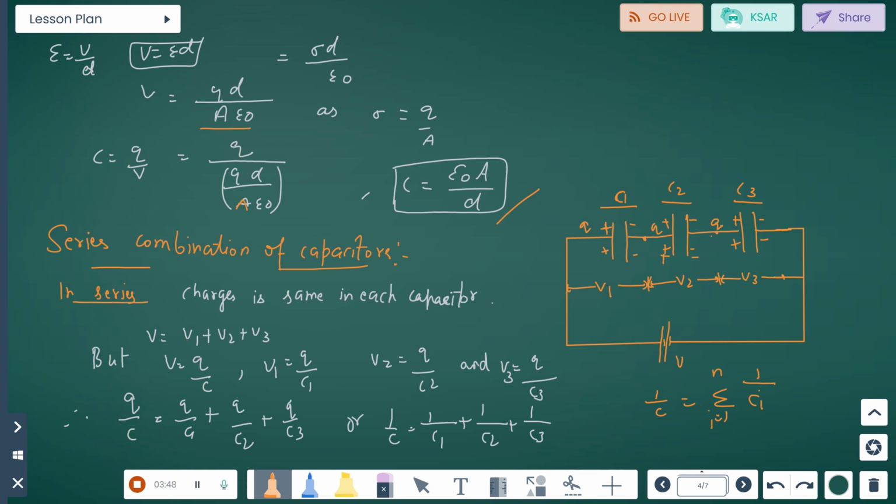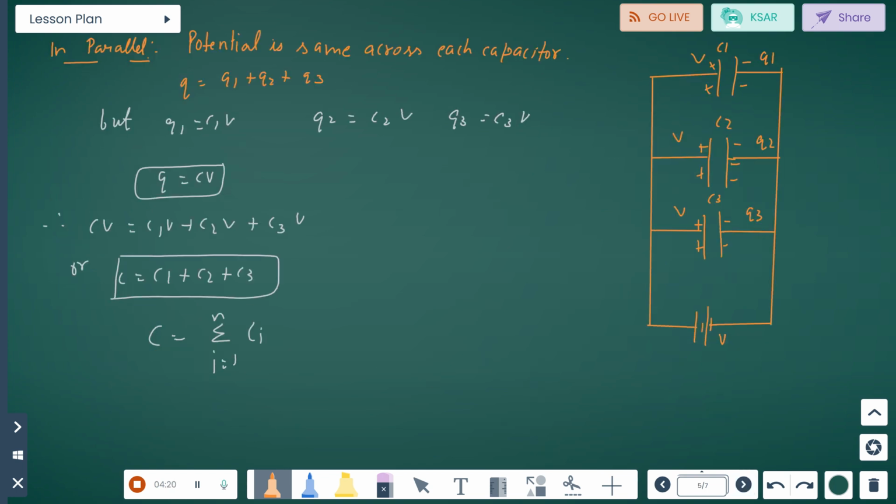Now V equals V1 plus V2 plus V3, but V equals Q by C, so V1 equals Q by C1, V2 equals Q by C2, V3 equals Q by C3. So Q by C equals Q by C1 plus Q by C2 plus Q by C3, or 1 by C equals 1 by C1 plus 1 by C2 plus 1 by C3. In general, 1 by C equals the summation from i equals 1 to n of 1 by Ci.